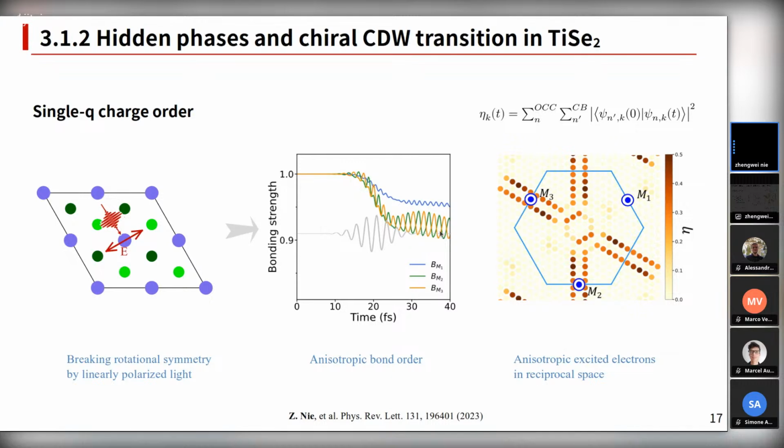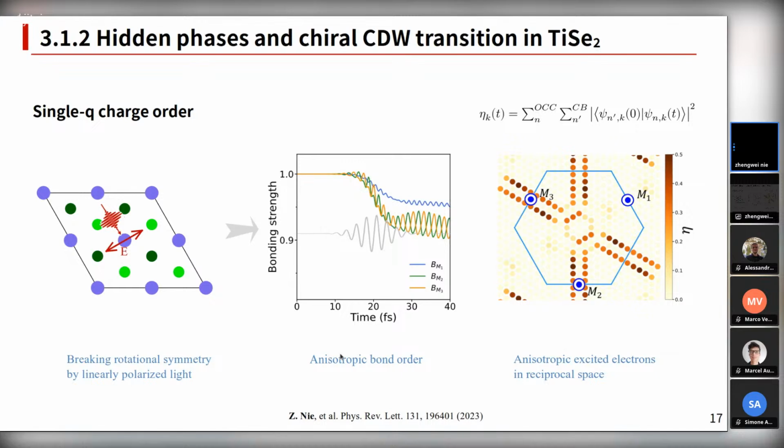And these three different curves are bond strength along three different directions. We can see that the bonding strengths along the M2 and M3 directions are weakened by about 9%, while that along the M1 direction is weakened by about 5%. So there is an anisotropic bond order.